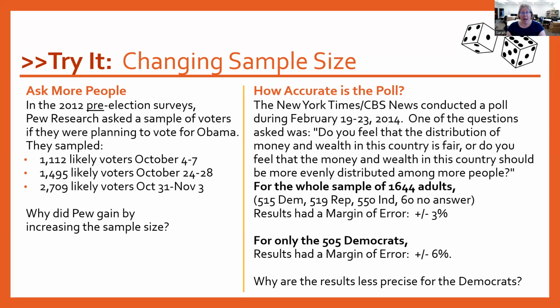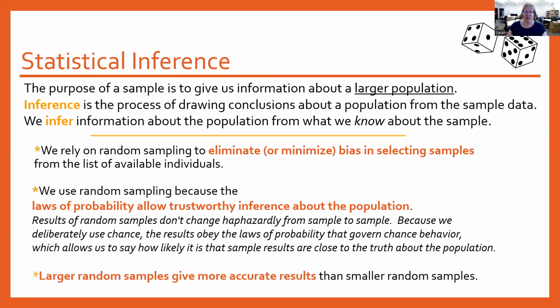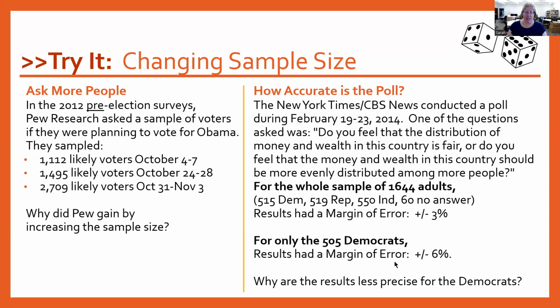There are a couple of different answers here. One of the easiest is to refer to the last bullet point on the last slide, which is that larger random samples give us more accurate results. If you look at the sample size in relationship to when the election is, you'll notice that as they got closer to the point where people have to turn their ballot in, people are going to be more confident in what their decision is going to be.